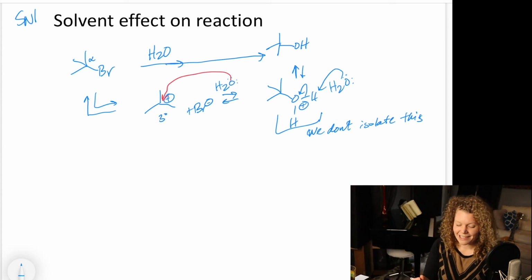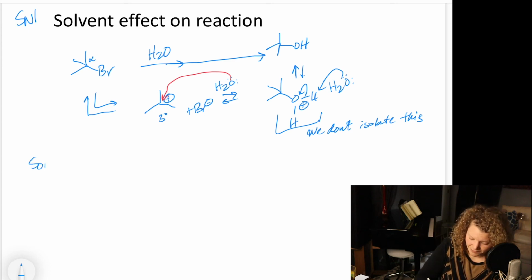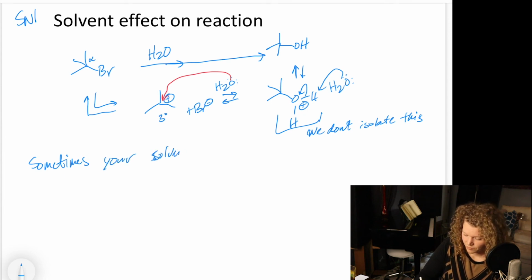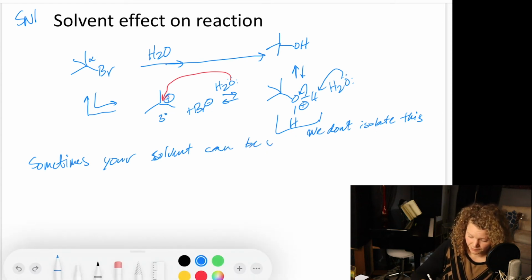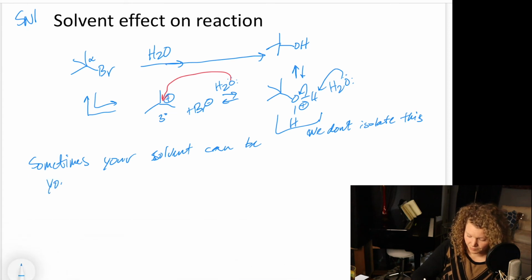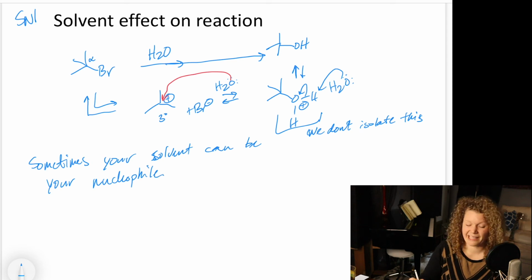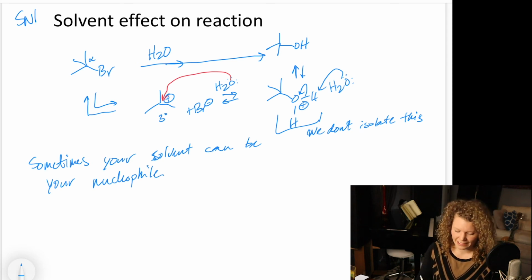So in cases like this, this is one way we can use solvent effects to our advantage. Sometimes your solvent can be your nucleophile. In the case of SN1, this is typically the case.